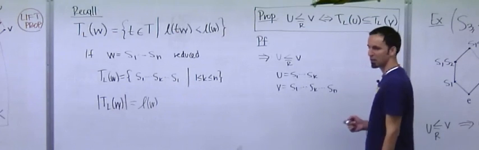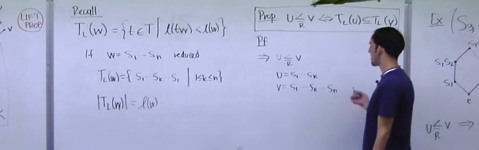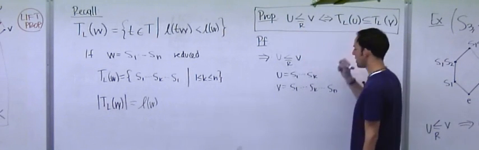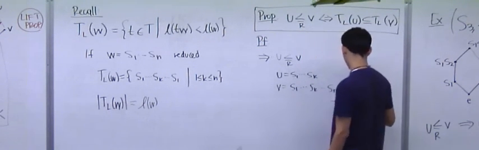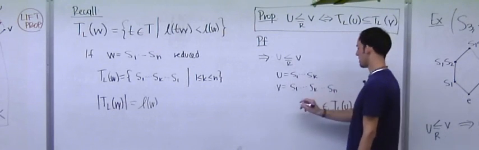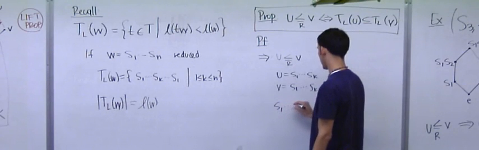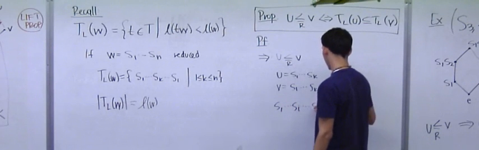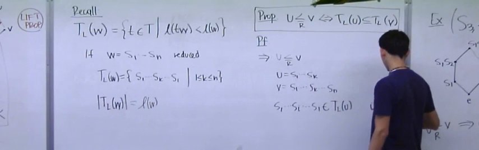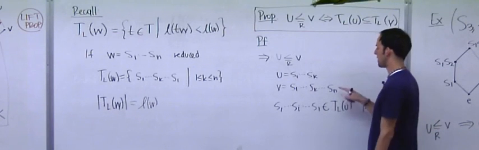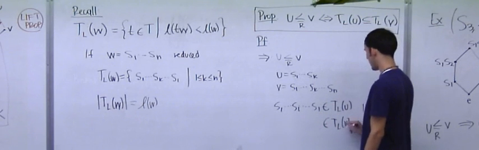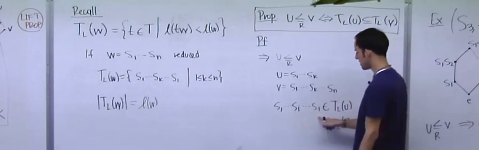Once I think about it in this way, I'm done, because I take something in TL of U, and the things in TL of U look like you start at S1, you go up to SI, and you go back down to S1, for I less than or equal to K. Now you have to justify that this thing is also in TL of V, and the question is, can I obtain this in the same way?